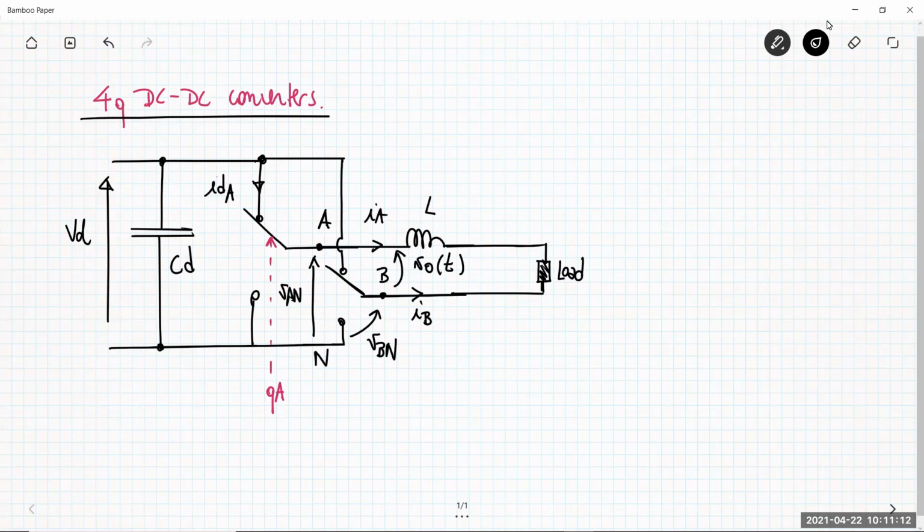So I put exactly two two-quadrant converters, two bipositional switches, in parallel.